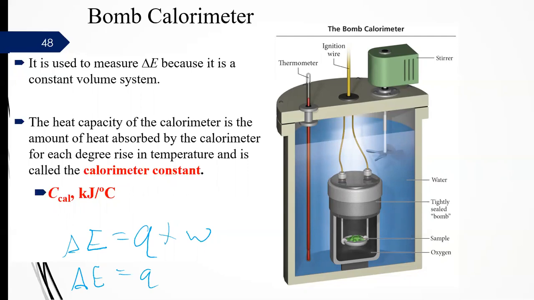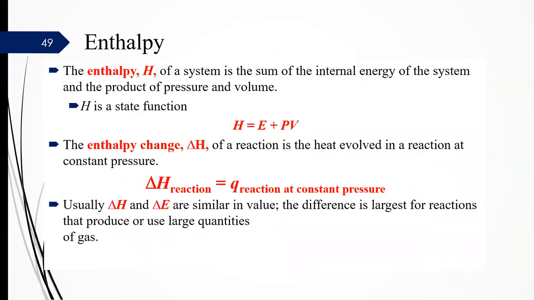And so we're going to use this to introduce a new term, and it's called enthalpy. Enthalpy is a state function. What it does is it looks at the energy of a system plus the pressure times its volume.